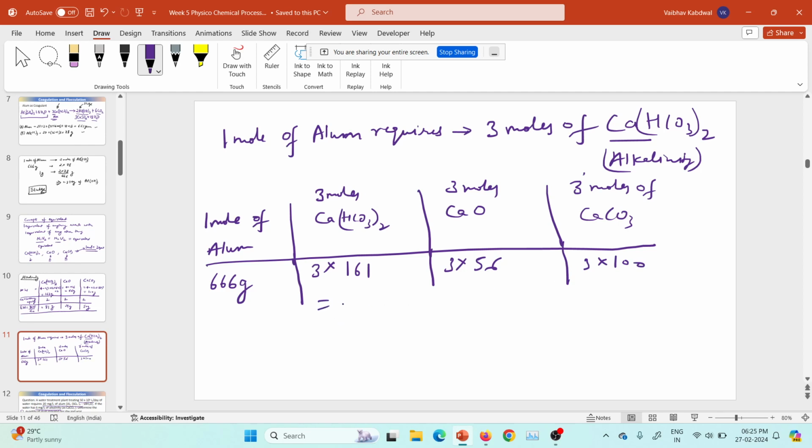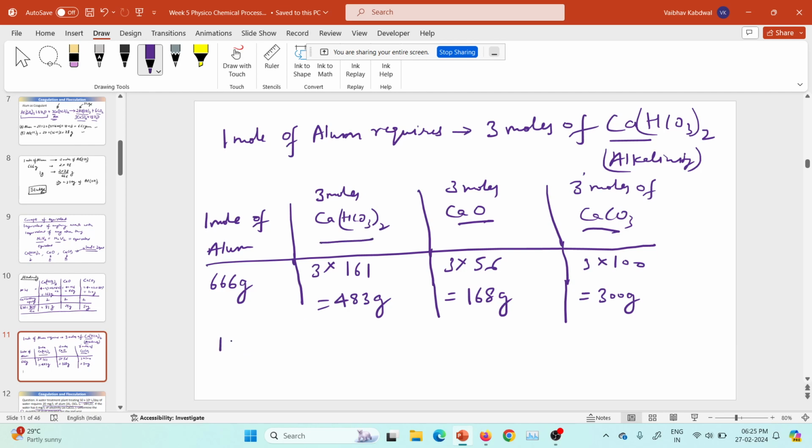So if we solve it, 3 into 161, 483 grams. 3 into 56, 168 grams. And 300 grams. So this is in terms of Ca(HCO3)2, in terms of CaO, in terms of CaCO3.